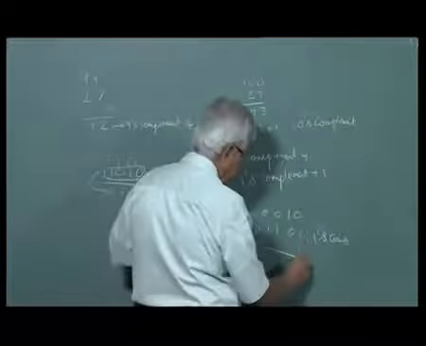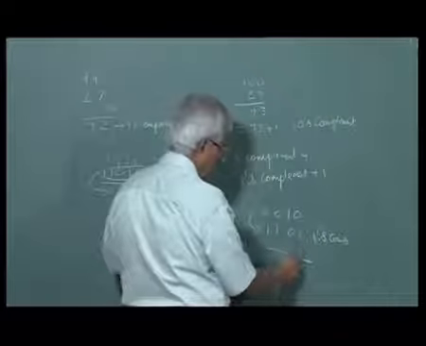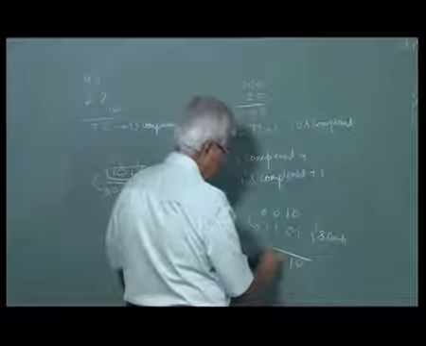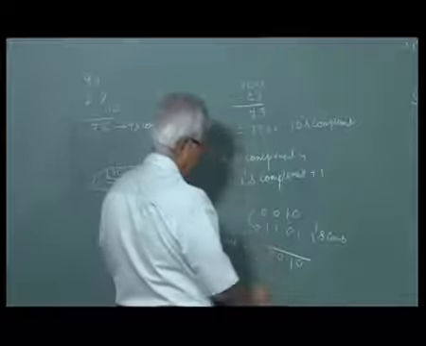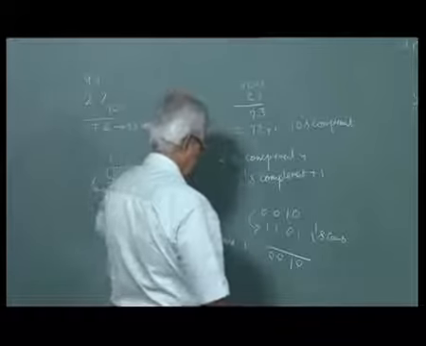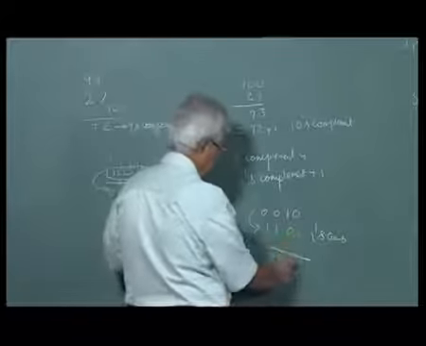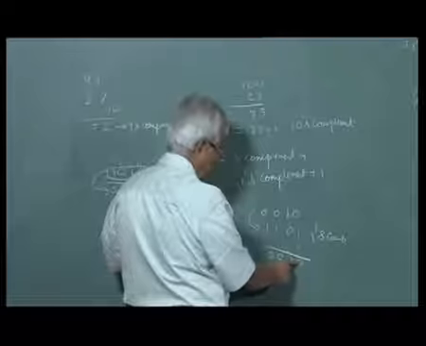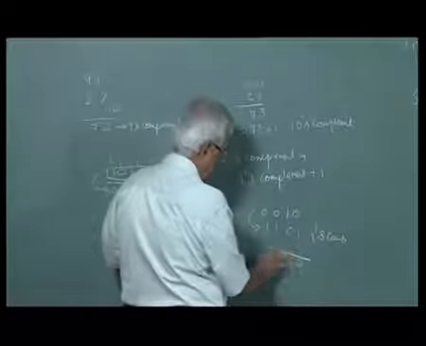This becomes 1 1 1 0. Add 1, 1 plus 1 is 0, so this 1 goes here, this 1 and 1 come here.